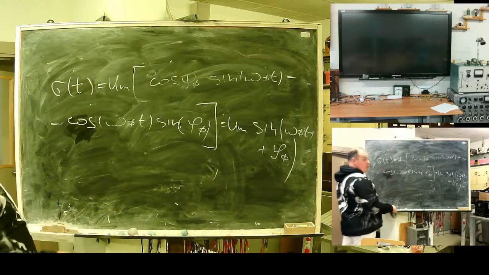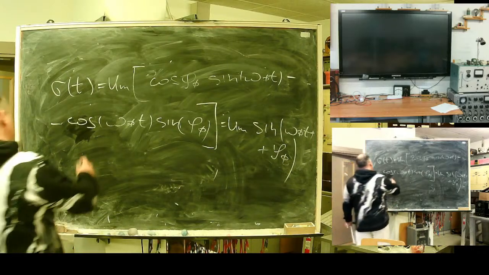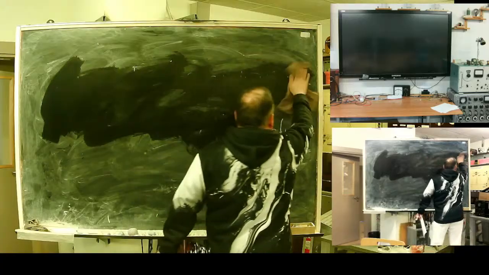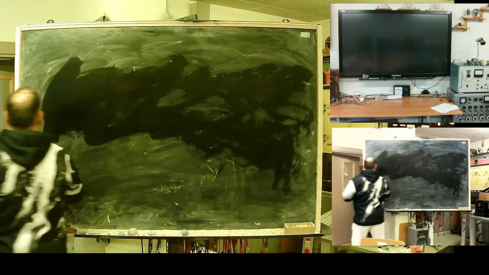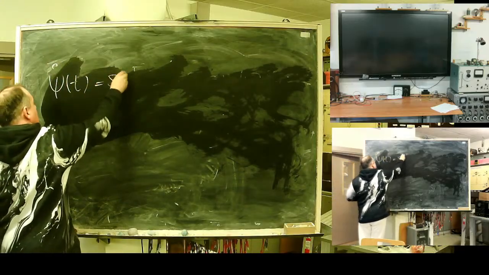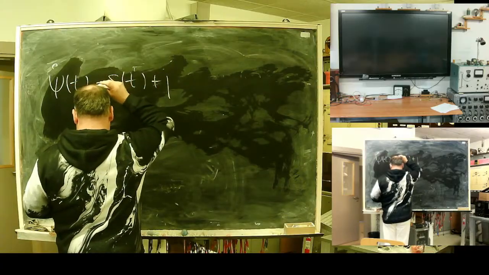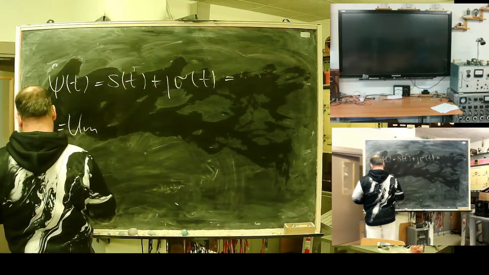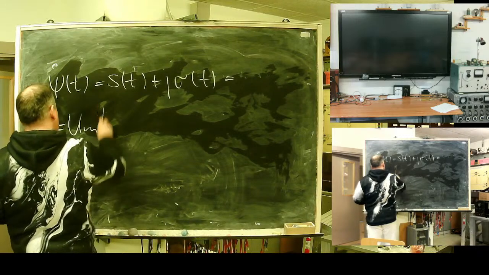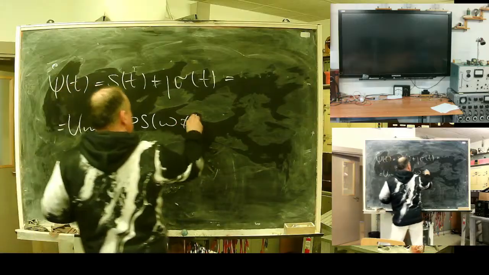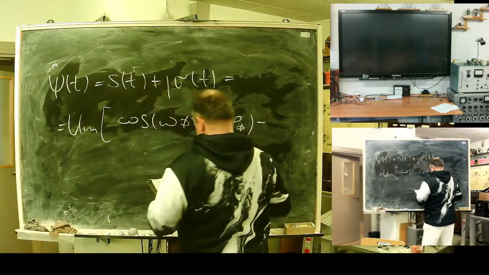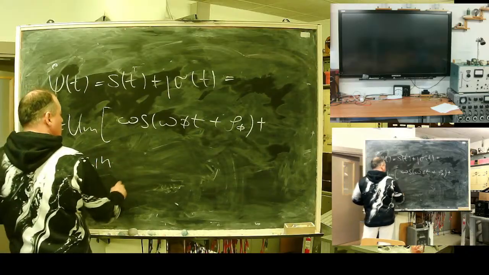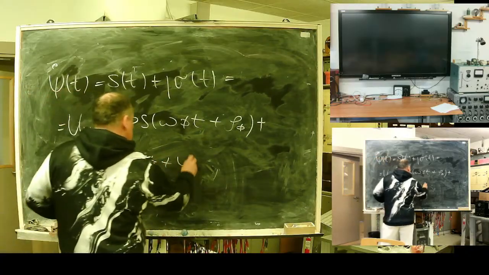The complex representation, or complex signal corresponding to this, will be equal to A max cosine of omega 0 t plus phi 0, plus j times sine of omega 0 t plus phi 0.